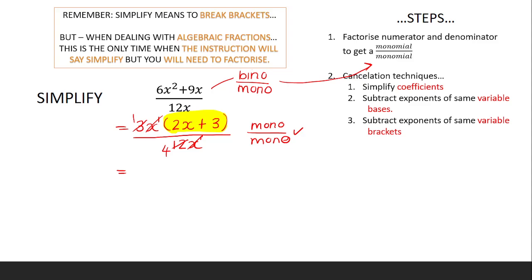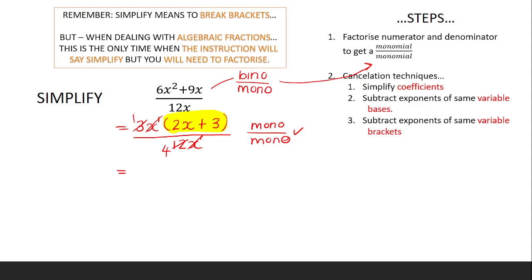Okay, so when I say subtract exponents of same variable bracket, I'm asking: I see in the numerator there is a bracket that is a 2x plus 3. Now in the denominator, is there a bracket that says 2x plus 3? If there is none, then you can't cancel.